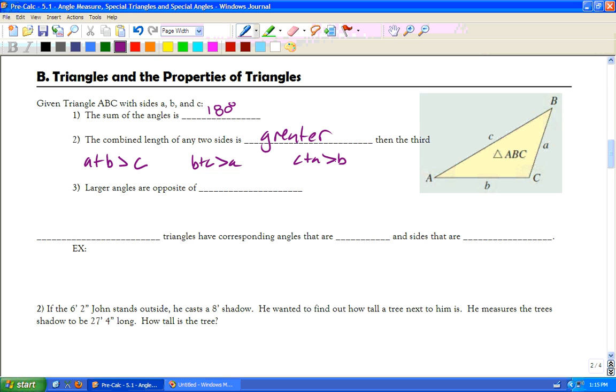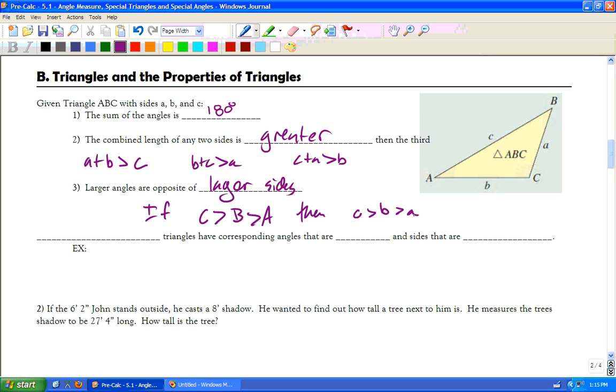The larger the angles are opposite of larger sides. So if angle C is greater than angle B, which is greater than angle A, then we know that side length c will be bigger than side length b, which will be bigger than side length a.